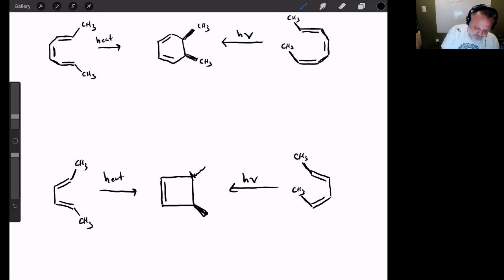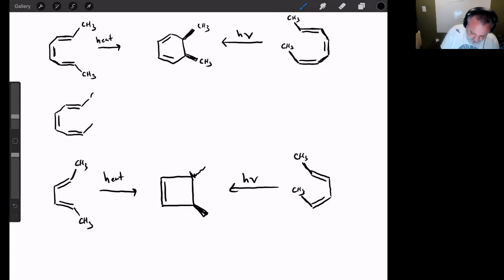Now, if I were to do this reaction, one of these days I'm going to learn how to copy really quickly in this app so that I don't have to do all this drawing again.